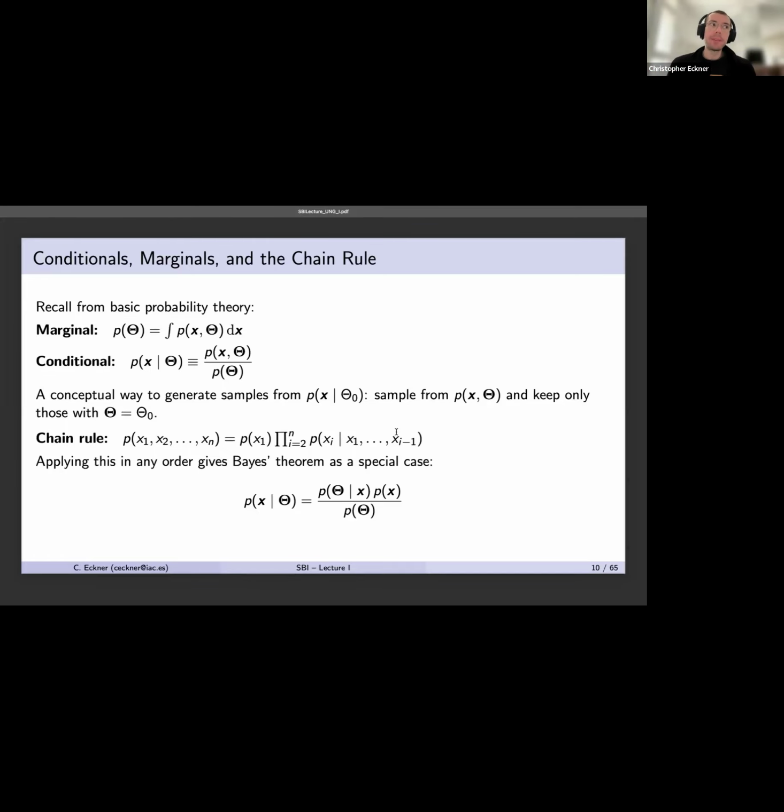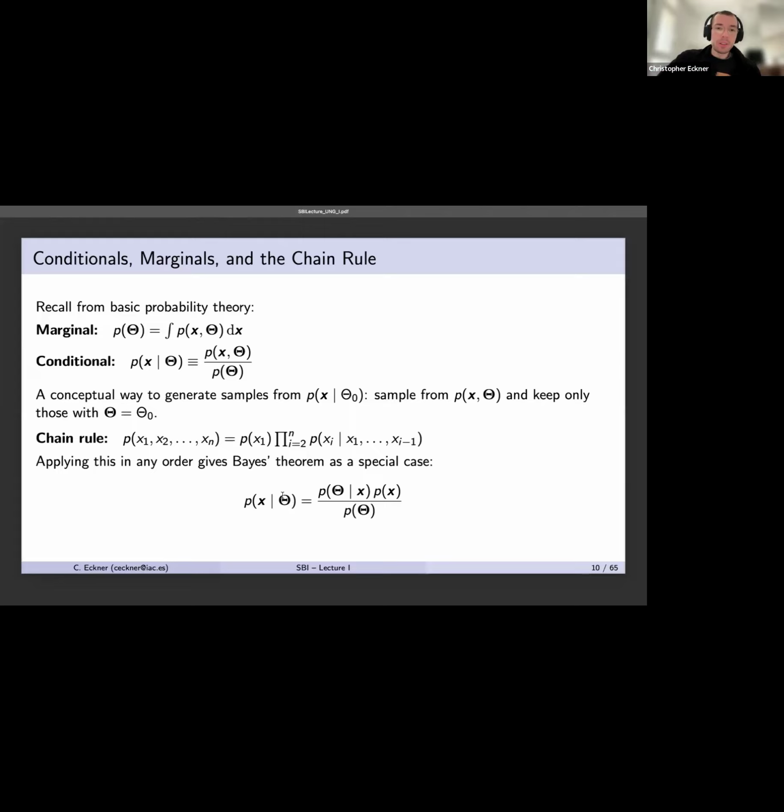We will talk about this in the next lecture, and this will also play a role in later lectures that then target transformers and how other machine learning approaches work. A special case of this chain rule is Bayes' theorem that we already have seen in one of the slides before. And this is the general rule that we will have to follow in these lectures.